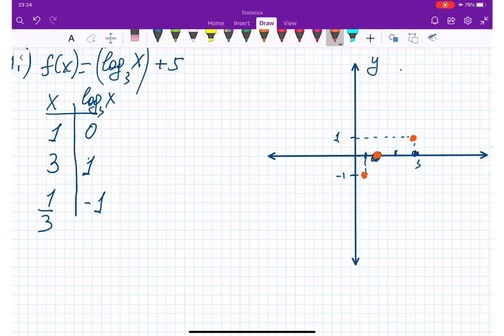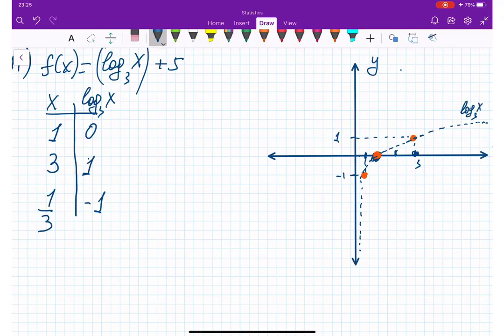Okay. So how is the graph going to go? The graph is going to be like that. Okay, this is going to be log x by base 3.